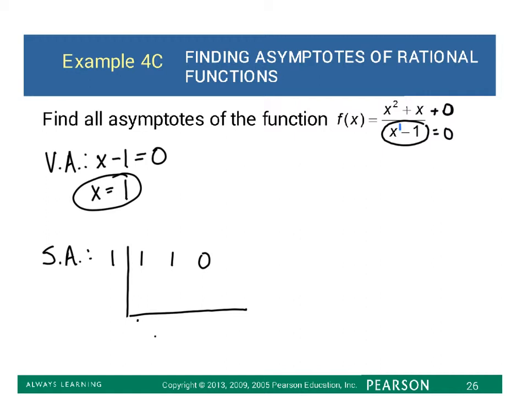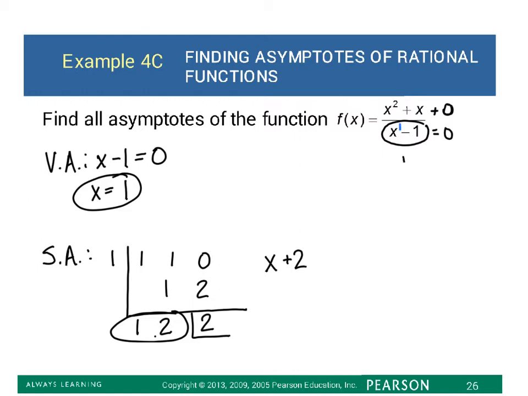Let's do this now. 1, 1, 2, 2. So our remainder is 2 here. But the remainder doesn't matter in this case. What we're looking for is this right here. That is the equation of the line that we're looking for. So the slant asymptote is at y equals x plus 2.